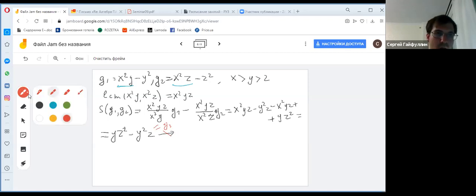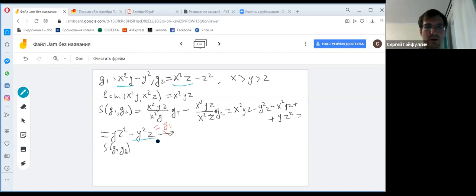Okay, and now we should try to obtain S(G1, G3) and S(G2, G3). The leading term of G3 is minus y squared z, because y is bigger than z.